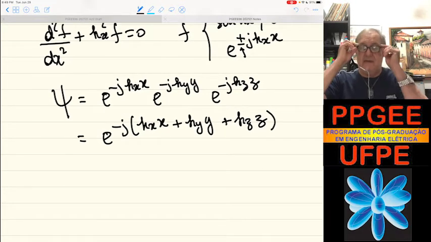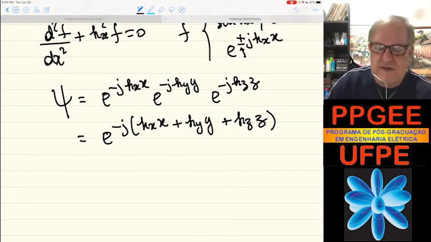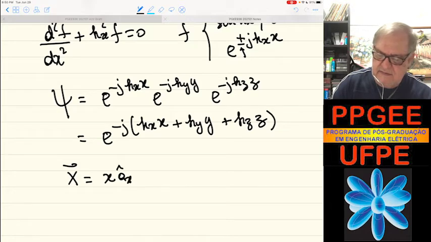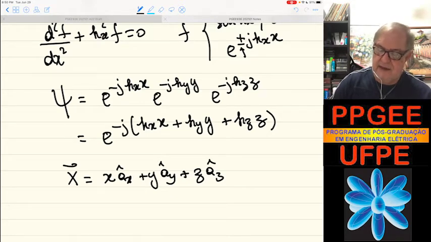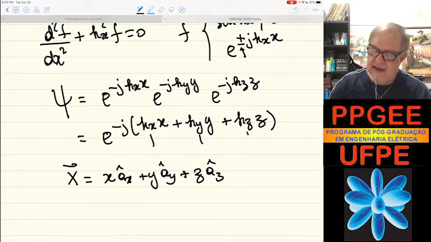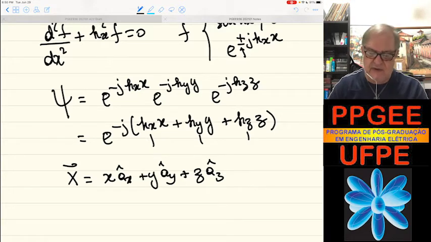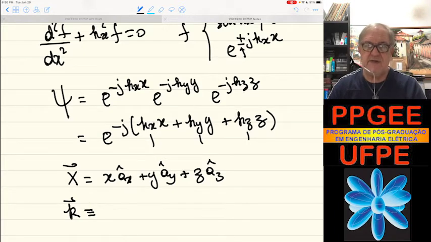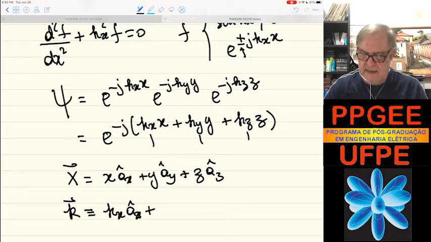Now we are going to start using our vector algebra. Recall that x is the position vector, right? So we have the components of a vector here, kx, ky, kz. We call this vector the wave vector. By definition, it has components kx, ky, and kz.